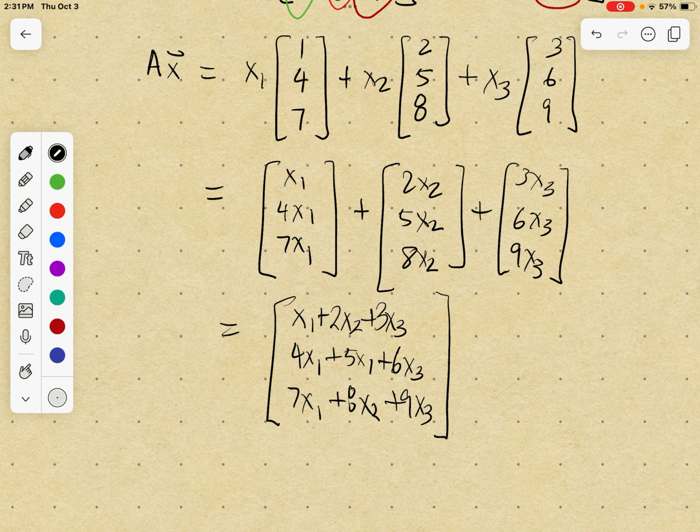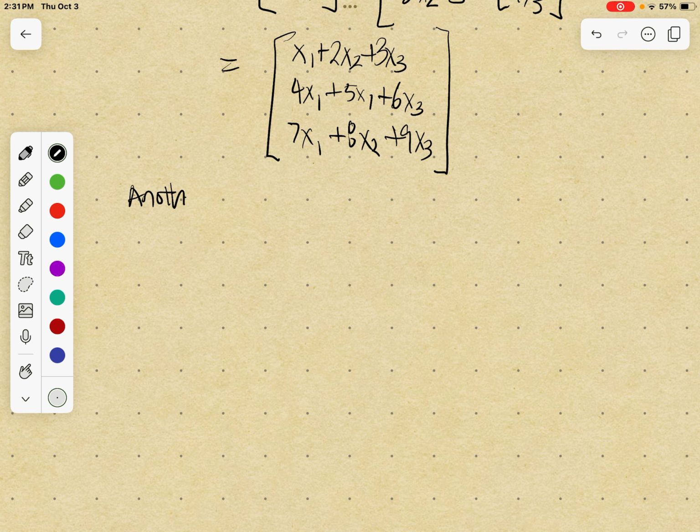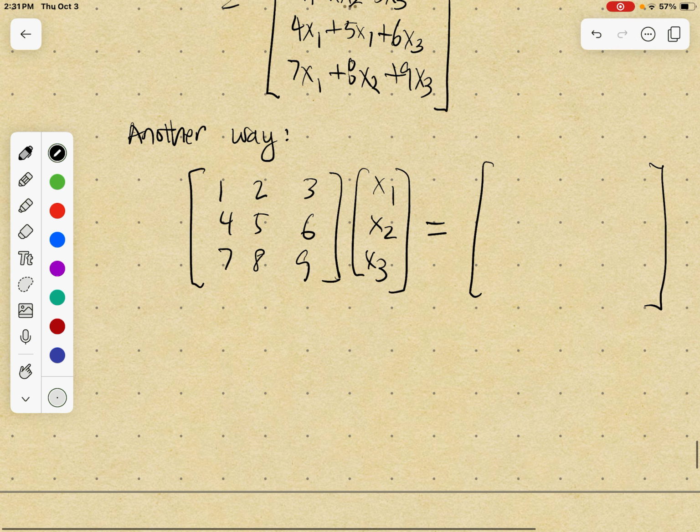Now there's another way to get this result, which is, if you're familiar with dot products, you do this to get the first component. So this is going to be a vector with 3 components, right? What you do is you take this first row and then do the dot product with that with this vector.